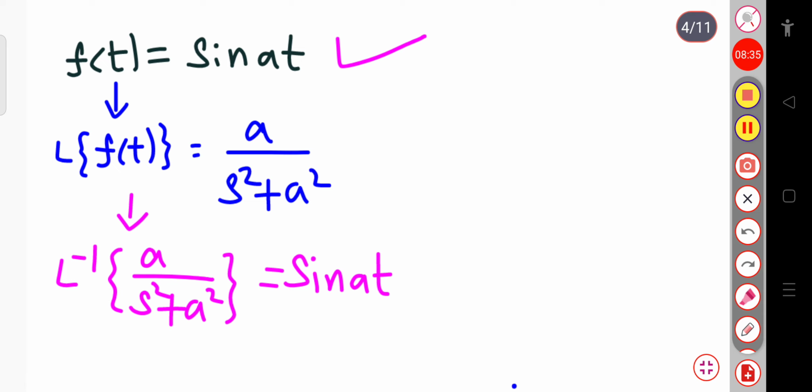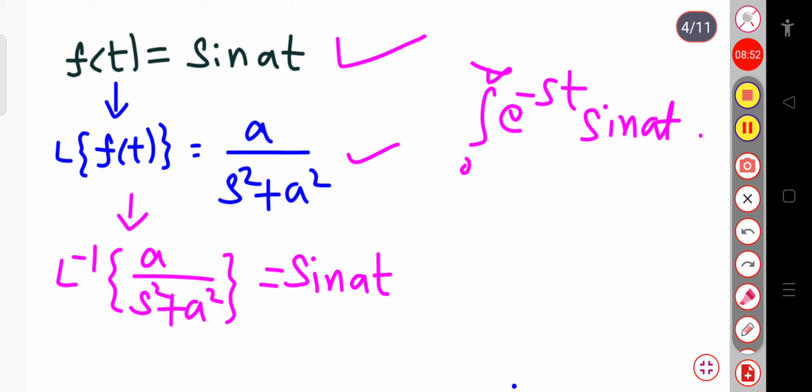If the original function is sine at, then the Laplace transform is a divided by s square plus a square. How can we calculate it? It is simply the integral from 0 to infinity of exponential minus st times the function sine at dt. In this way you can calculate the Laplace transform of sine at, and after calculation you will get a divided by s square plus a square.